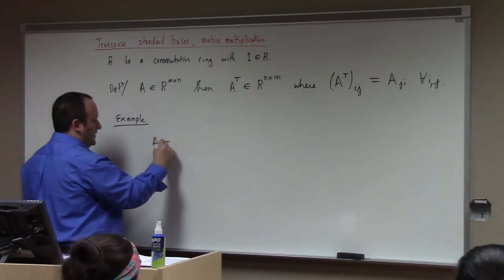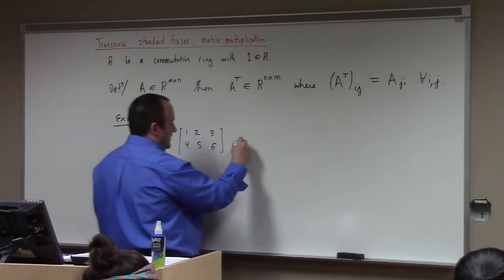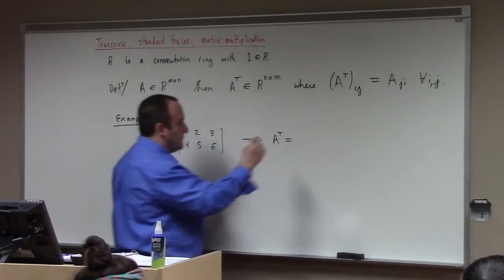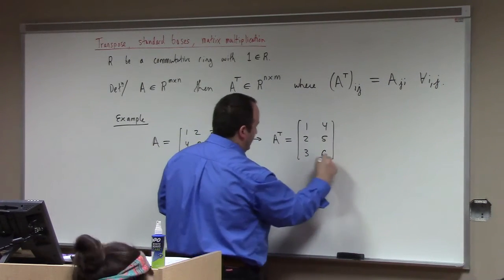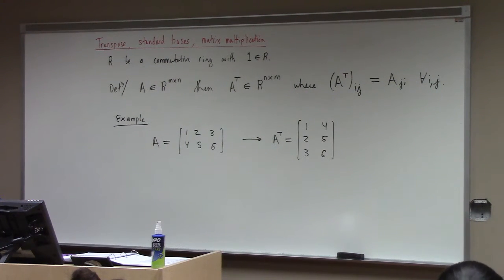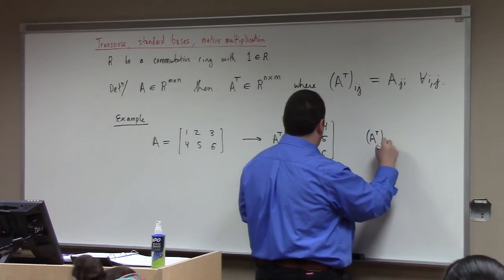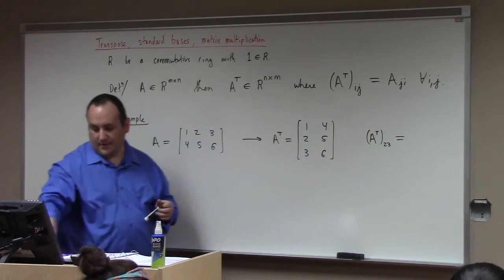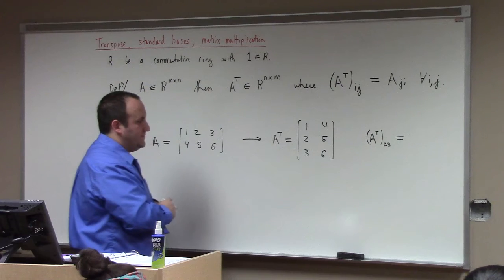So if I have A as the matrix 1, 2, 3, 4, 5, 6, then A transpose is actually going to be 1, 2, 3, 4, 5, 6, where I changed the rows to columns. For example, the 2, 3 component of A transpose, which one would that be? The second row, that would be not available, right?